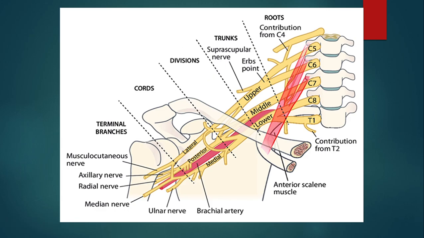The anterior divisions form the flexor compartment of the upper limb, the flexor muscles that perform the flexion actions, while the posterior ones form the what? The extension compartment.